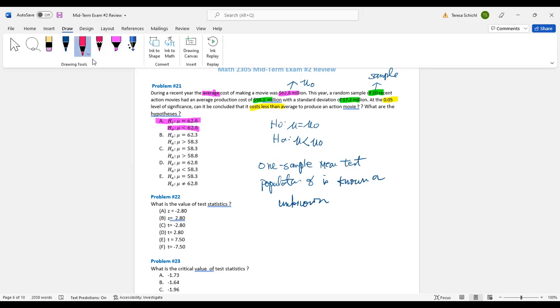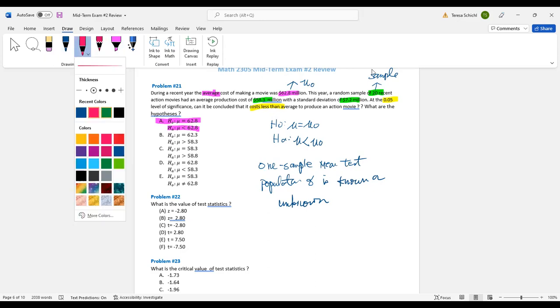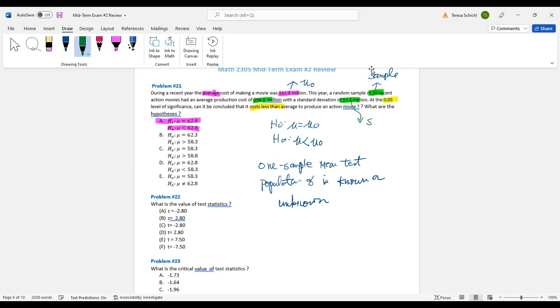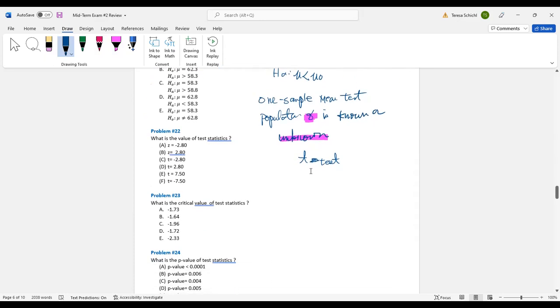Okay, so this 7.2 is S, the sample standard deviation, from these 20. So I know here the population sigma is unknown. So if it's unknown, what test do we use here? We are using the t-test, right? All right, so we're using the t-test. Okay, so that's the first thing we need to decide.